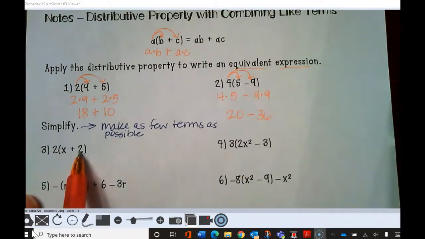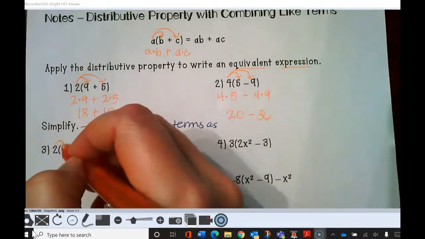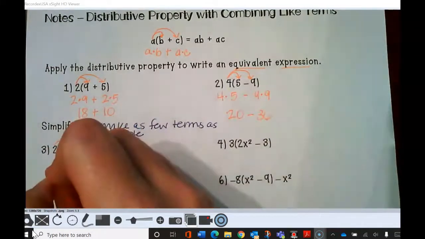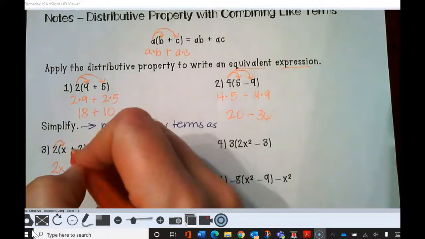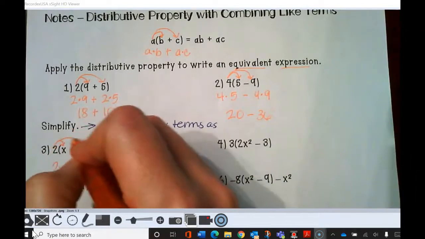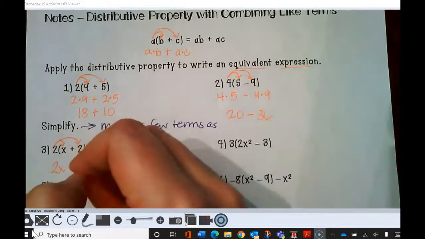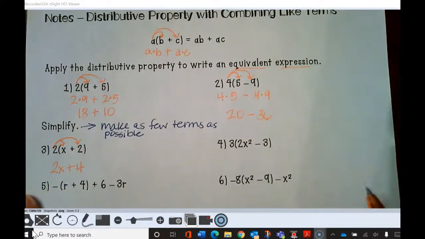If you look inside, you still follow the order of operations, but if you look in the parentheses, you can't combine an x and a 2. That's why the distributive property is so important. So we're going to multiply the 2 times x, and 2 times x is just 2x, and 2 times a positive 2 is a positive 4. And that's your answer.